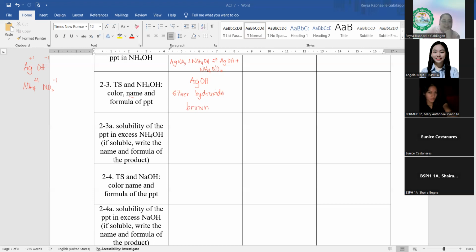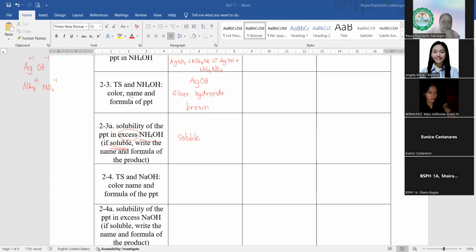Wala nag-precipitate. Anong wala nag-precipitate? Dapat nag-precipitate yan siya. Tapos pag nag-precipitate yan siya, tapos dinagdagan natin ng excess na NH4OH, dapat soluble yon. Okay?